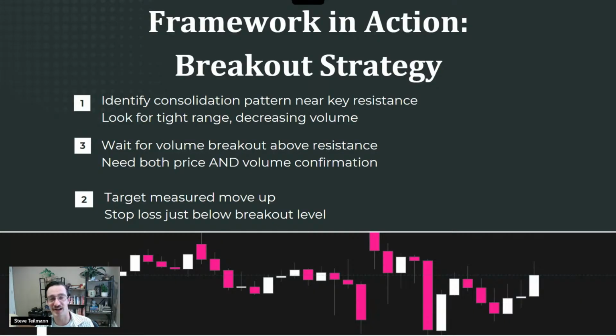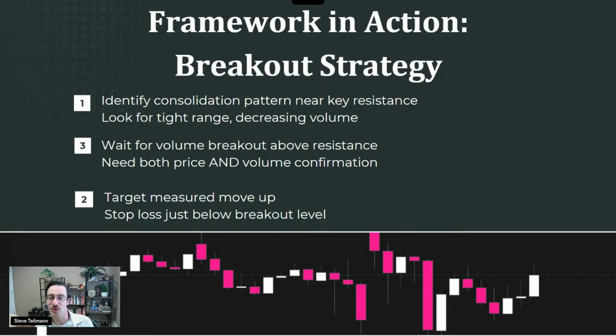So naturally, there will be an imbalance of more buyers to fewer sellers. And over time, when there are no shares left at this price level, the buyers will start bidding up the price and paying more and more and more. So that's why the decreasing volume is very important. And when you see that decreasing volume in conjunction with a consolidation pattern, it's a real good indicator of this move being close to breaking out.